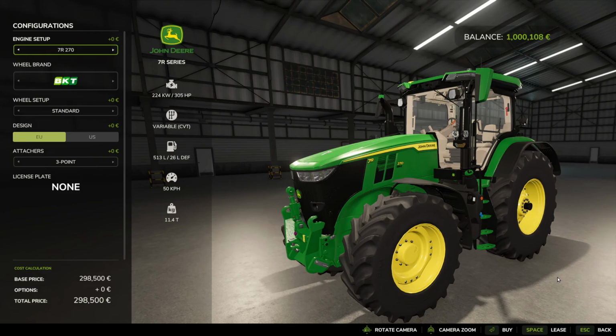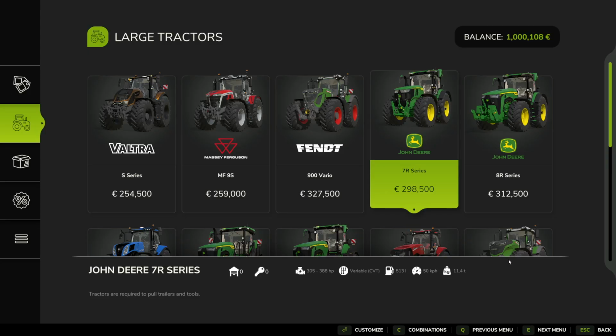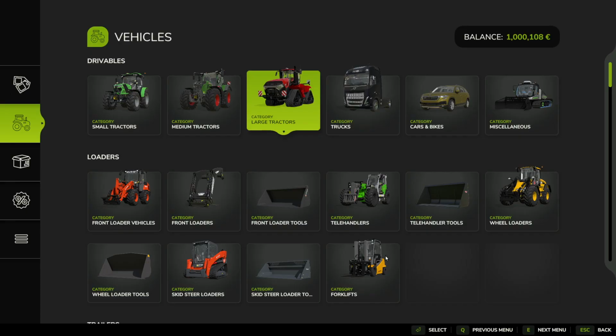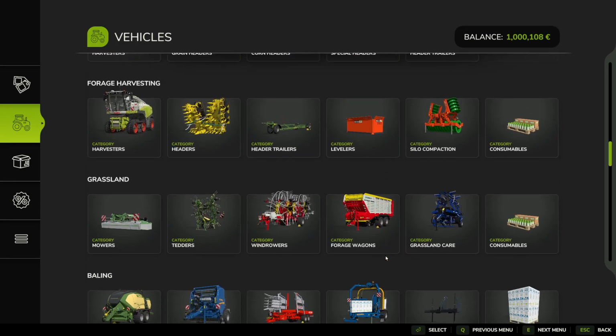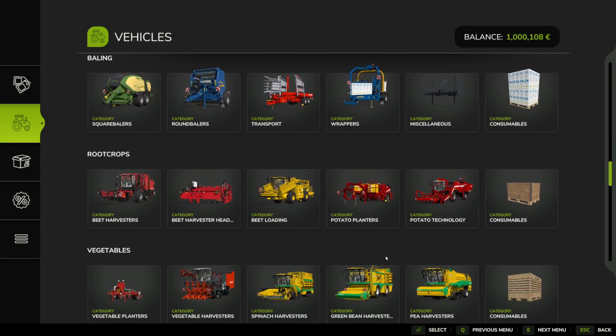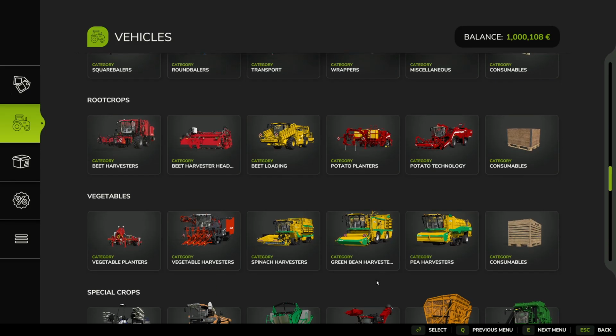Therefore, if you want to experience different machineries, contracts are fantastic. In my opinion, that is the best thing about contracts, that you can experience machines that you can't afford to buy. In all my save games, I could never afford to buy such a spinach, green bean, or pea harvester. When I make tutorials, I just give myself the money and buy it.